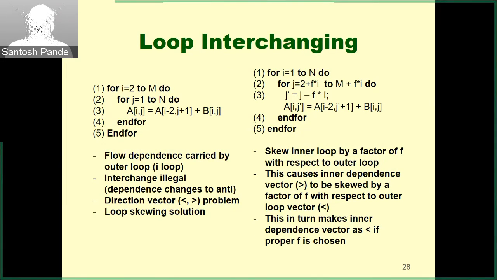So what's the catch here? The catch is this: if there are multiple dependencies present in the inner loop, then we are hosed here. Assume there is a less than, greater than dependence in addition to a less than dependence. The moment we reverse the direction in the inner loop, the first dependence, less than, will become less than, greater than.